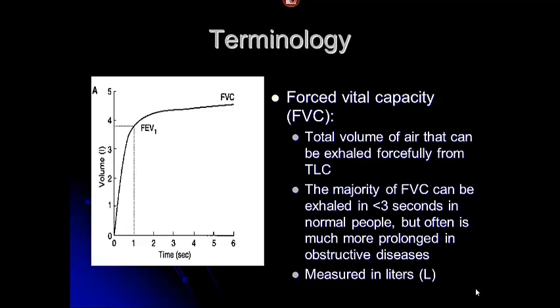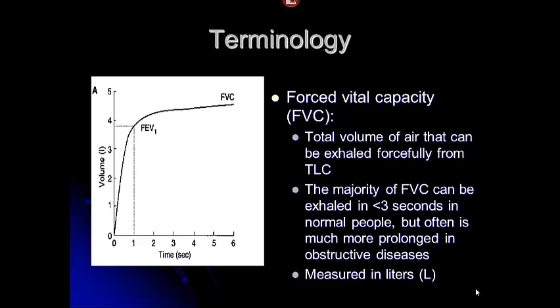Restrictive pulmonary diseases, if you look at your body and you start from the outside to the inside, remember that the rib cage also participates in ventilation. So if you have any type of deformity of your rib cage, that also will give you restriction to inspiration or expiration.